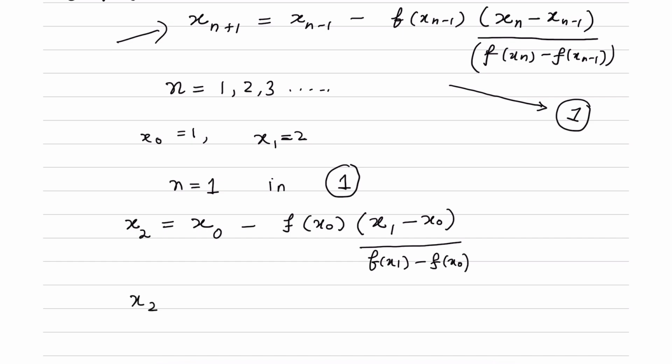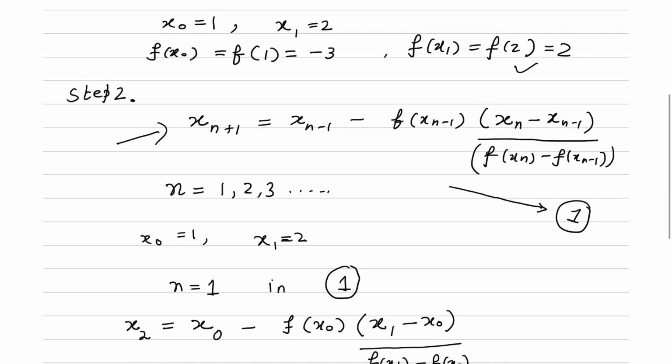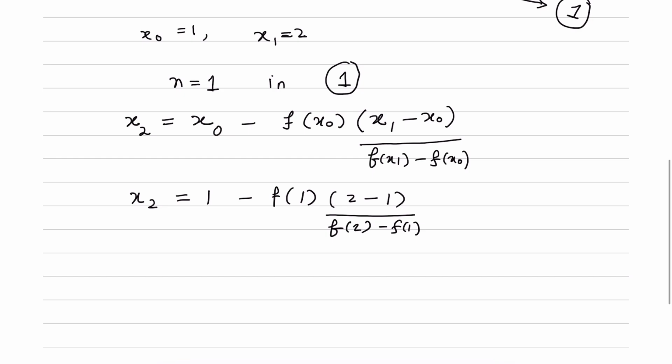Let's plug in the values. x0 is 1, f of 1, x1 is 2 minus 1, whole divided by f of 2 minus f of 1. We have the values of f of 2 and f of 1 here, so we plug these values in.